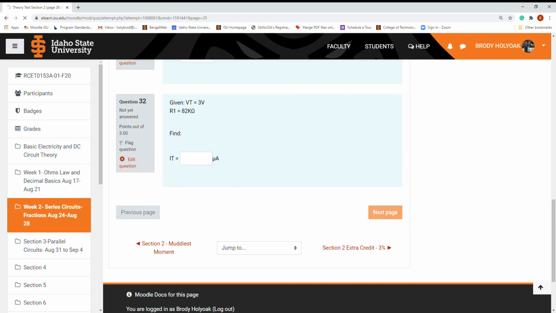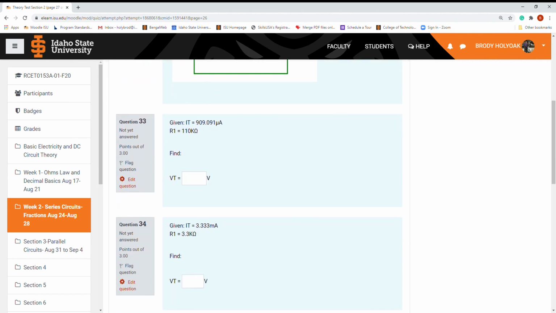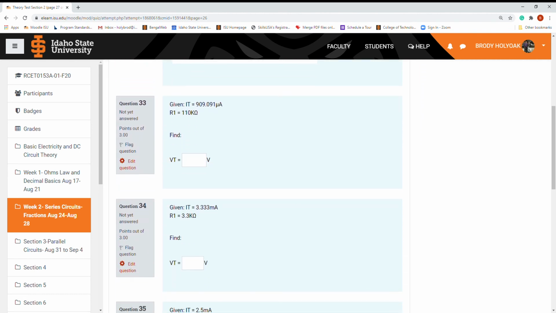Okay, the next 3 questions, when they load, are going to be about voltage. So we have 909.091 microamps and 110 kiloohms. That gives us how much?